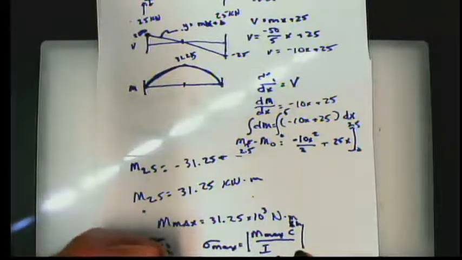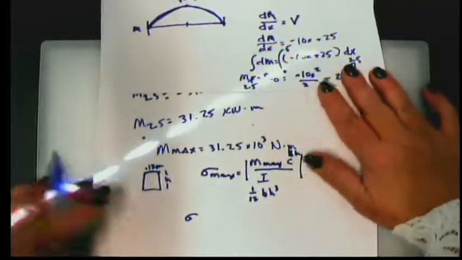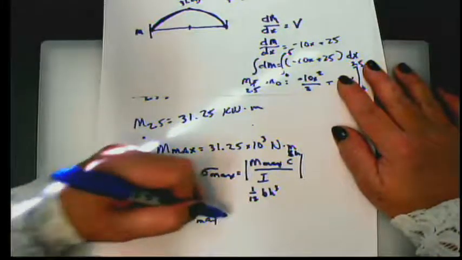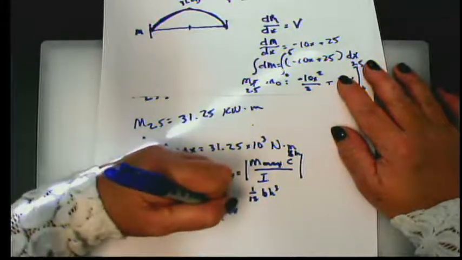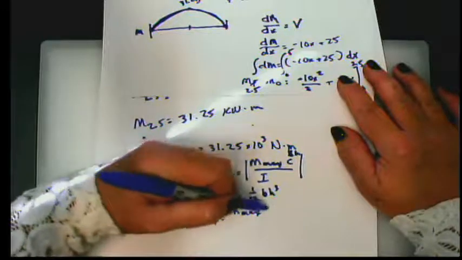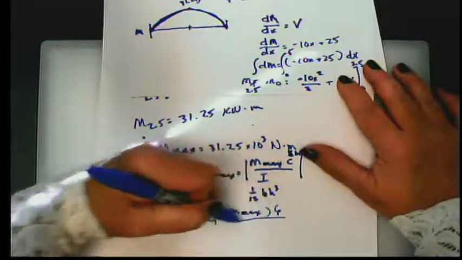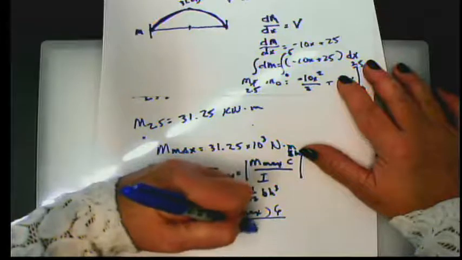So it turns out that sigma max is equal to the moment max times 6 over the base times the height squared.